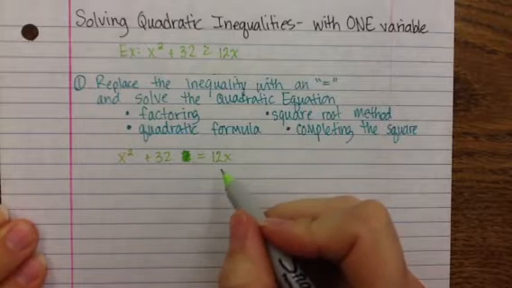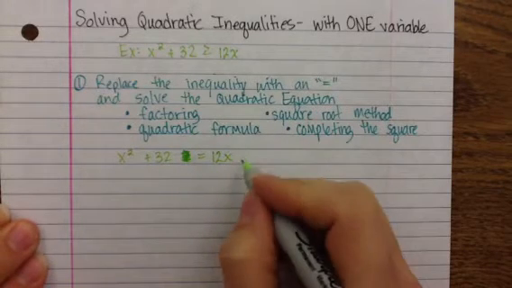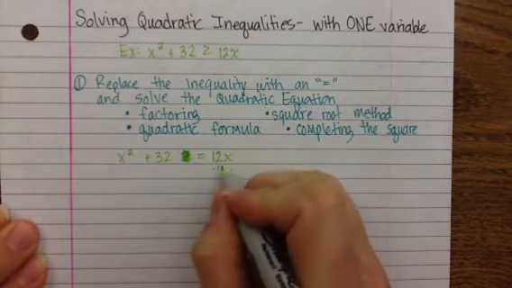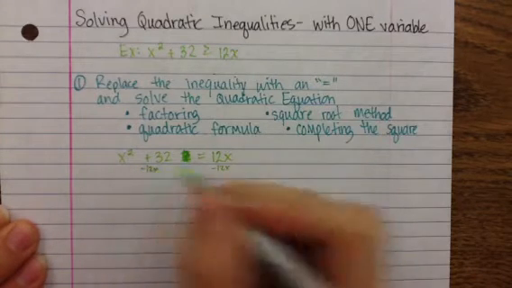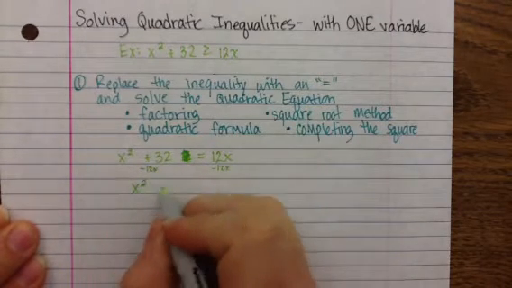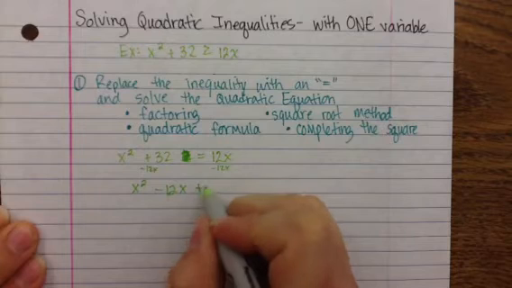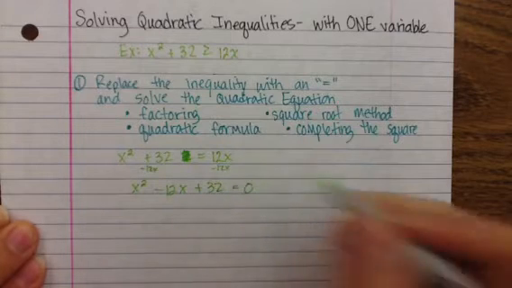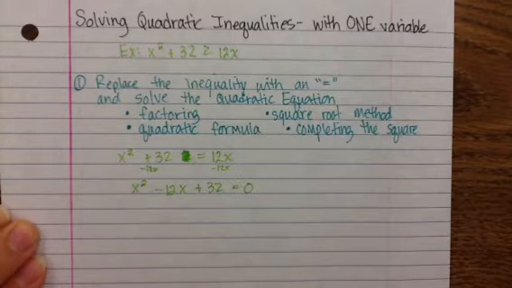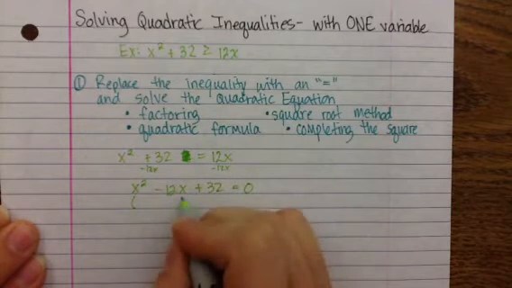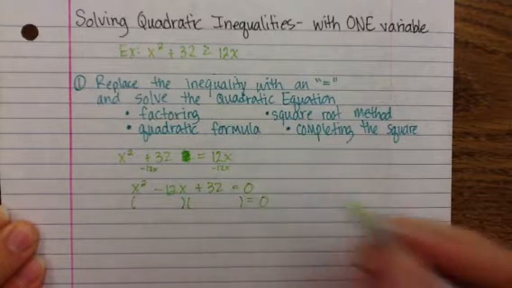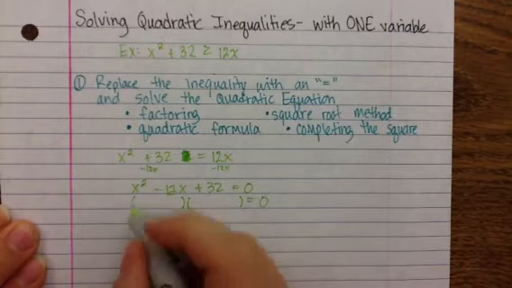In order to solve this, I'm going to go ahead and get this into standard form. So I'll subtract my 12x to the other side. So I get x squared minus 12x plus 32 equals 0. Now this one happens to jump out at me that we could solve it by factoring, because I can just see the combination that's going to work.